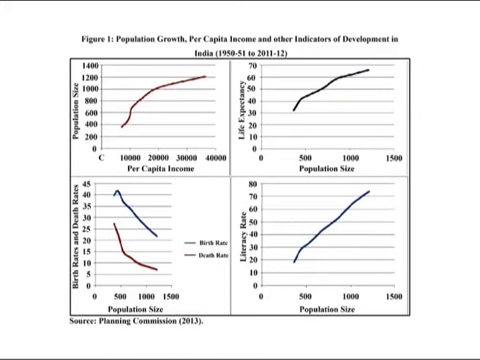Thus, we can say that the population growth and the level of human development in the country have been positively associated. Similarly, we can also observe that the population size has grown. We have also witnessed a decline in birth rates as well as the death rates.